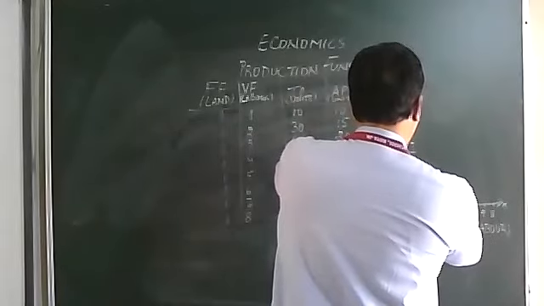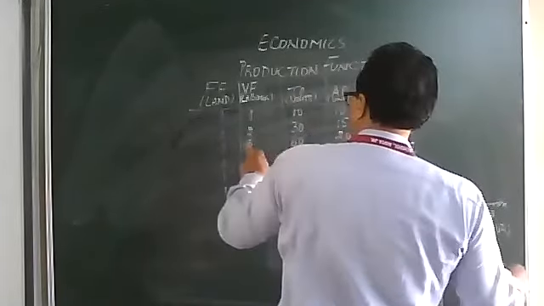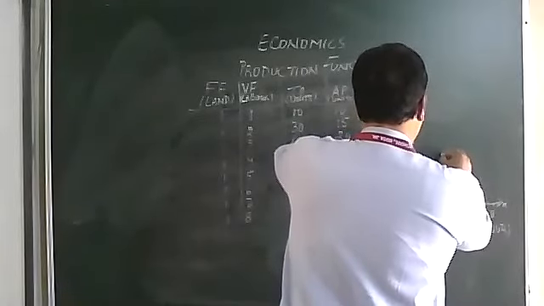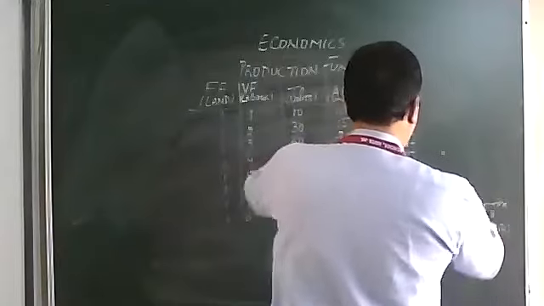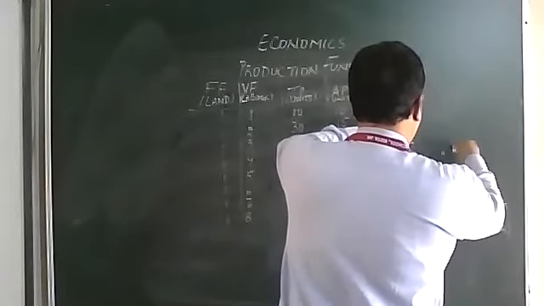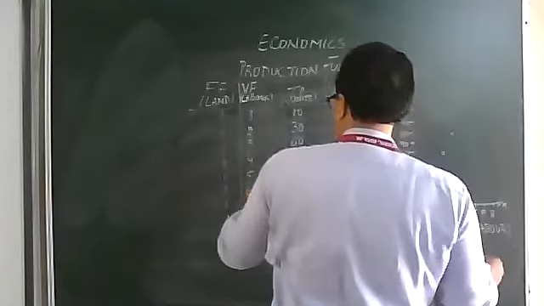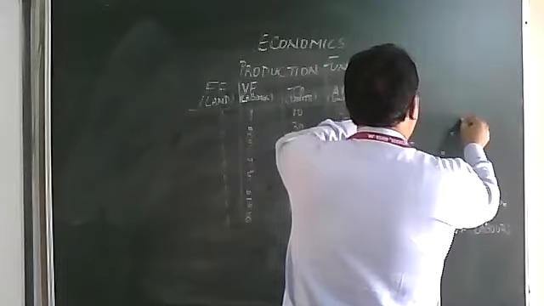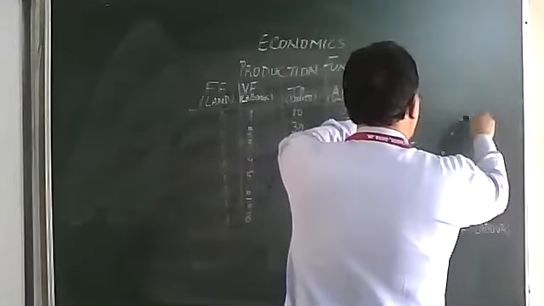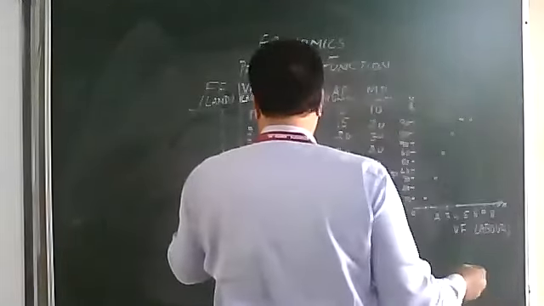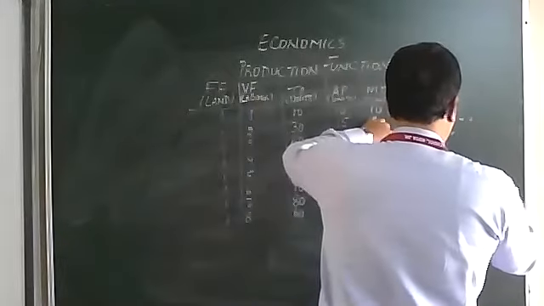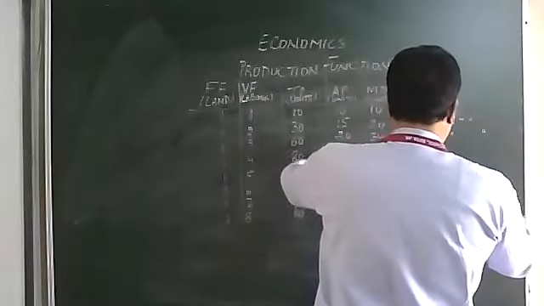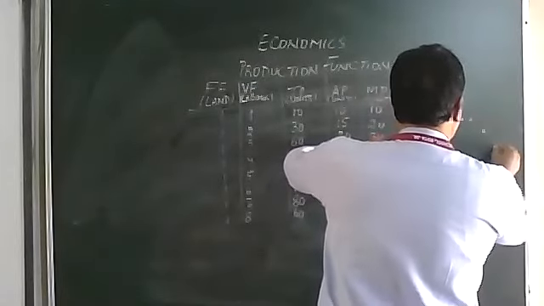Please use your scale and pencil and keep a rubber handy. 3, 60, go up straight, 60 here, put a dot. 4 is 80, 5 is 90, 6 is 90, 7 is 80, and 8 is 60.